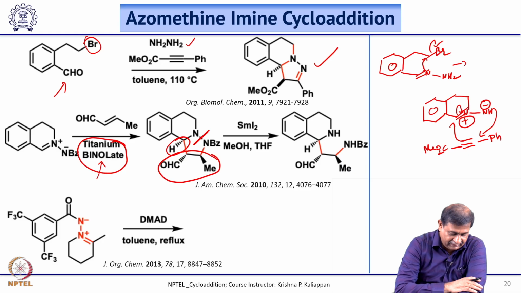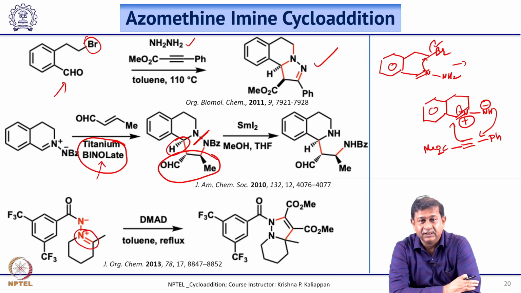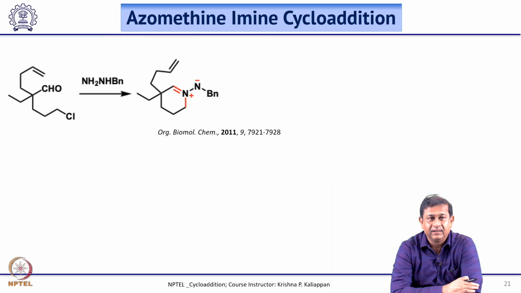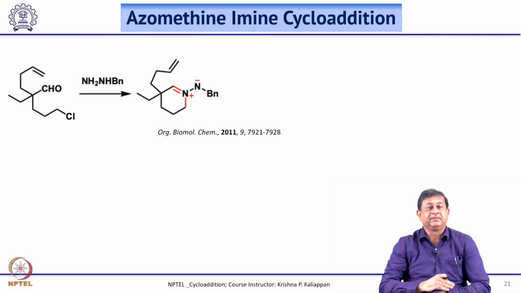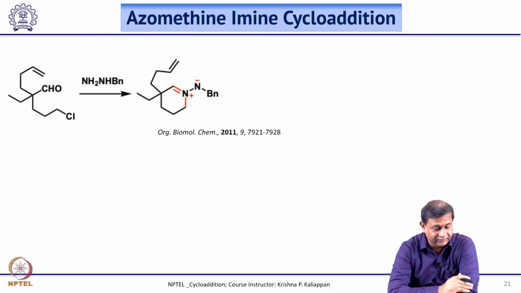So this is another very simple example where you have the azomethine imine and the double bond is part of the ring. Now this can undergo 1,3-dipolar cycloaddition with dimethyl acetylenedicarboxylate to get this interesting bicyclic compound. This is a very simple example, but the mechanism is quite interesting.